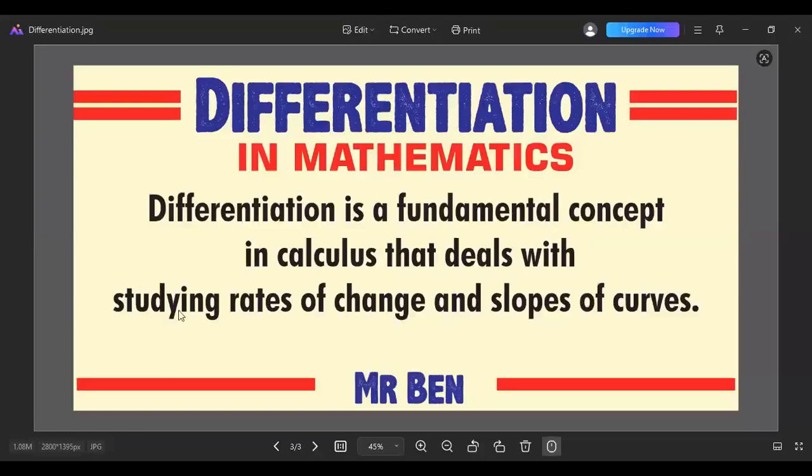All right, differentiation in mathematics. Differentiation is a fundamental concept in calculus that deals with studying rates of change and slopes of curves. You can write it down.